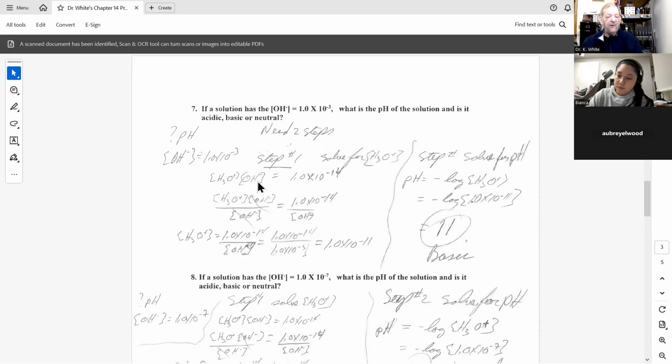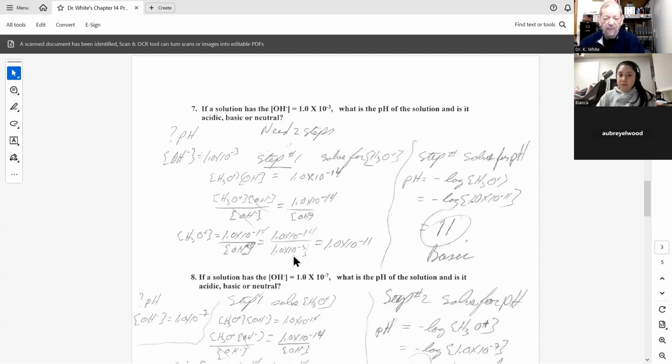So what do we do? To get rid of the OH, we divide by it. But whatever we do to one side, we have to do to the other. Anything divided by itself is 1, cancels out. We're left with hydronium ion concentration equals 1.0 times 10 to the minus 14 divided by the hydroxide.